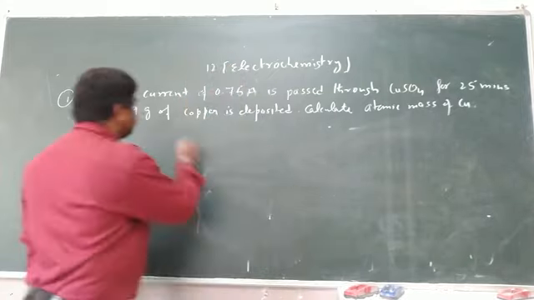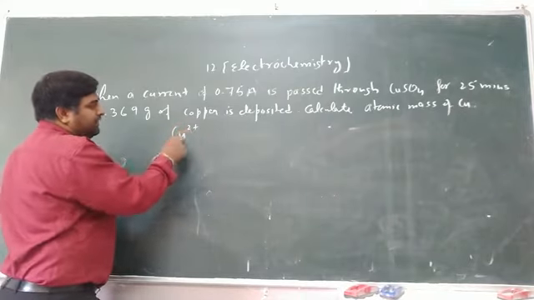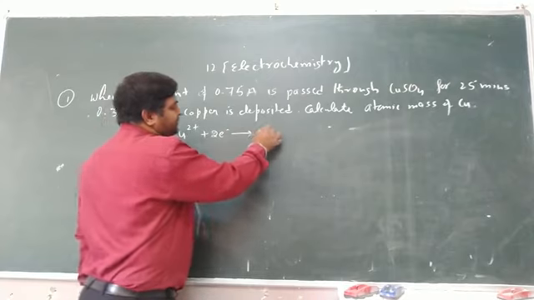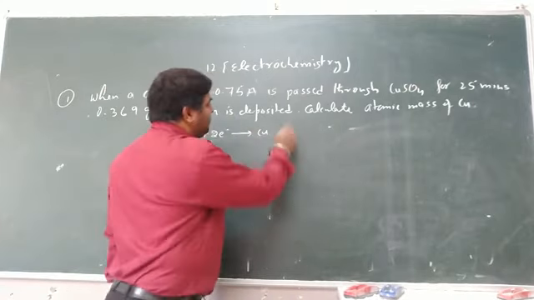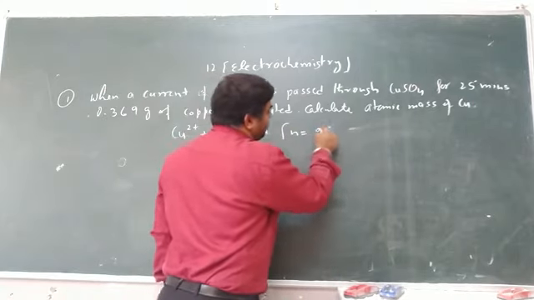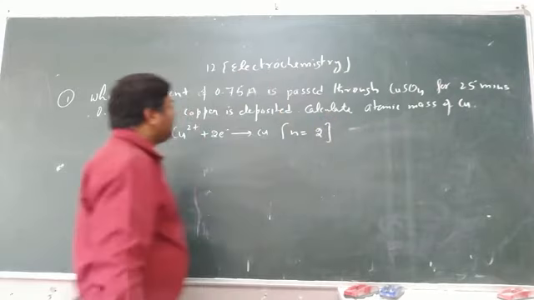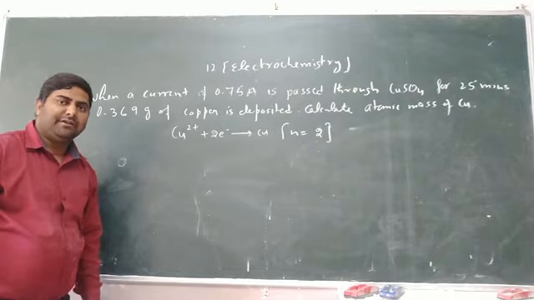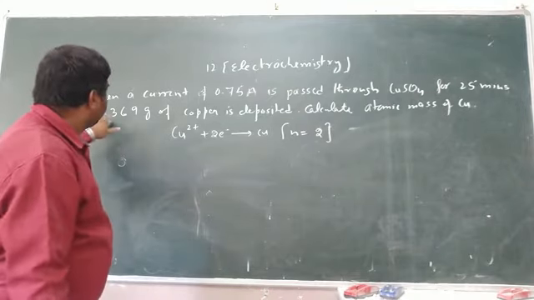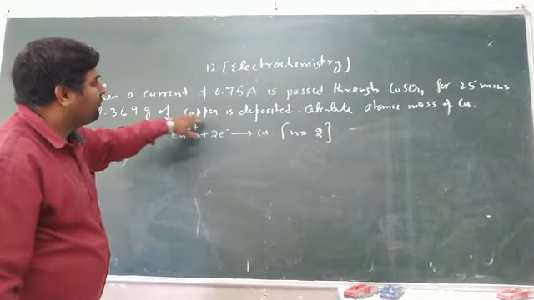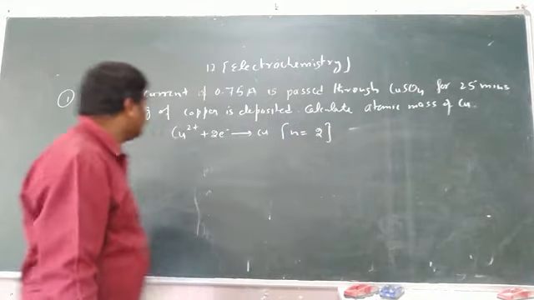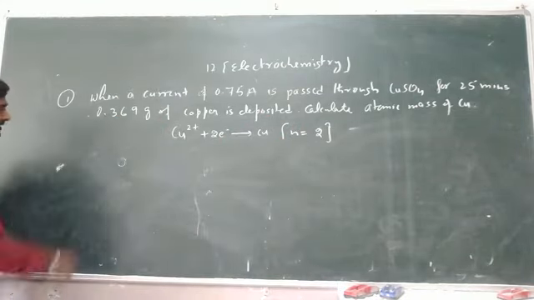Why? Because copper sulfate is copper 2+. It gains 2 electrons and gets converted to copper. Now N is equal to 2. For 25 minutes, time is in minutes, it must be in seconds. 0.369 gram of copper was deposited. It means W is 0.369.